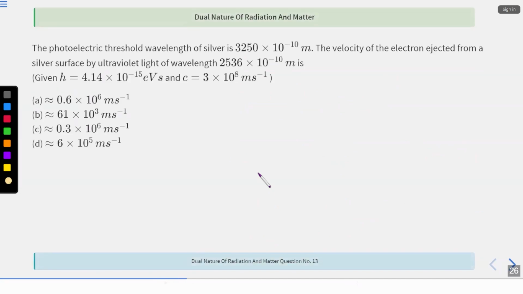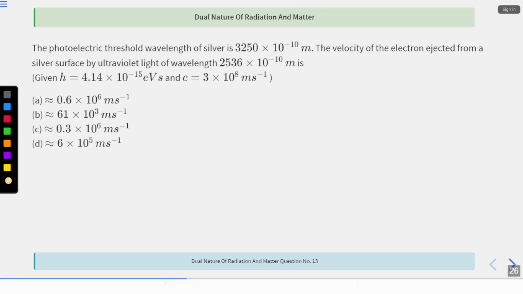The photoelectric threshold wavelength of silver is 3250 into 10 to the power minus 10 meter. The velocity of the electron ejected from a silver surface by ultraviolet light of wavelength 2536 into 10 to the power minus 10 meter is. So we have been given the Planck's constant, the charge and everything, right? So we're supposed to calculate the velocity.